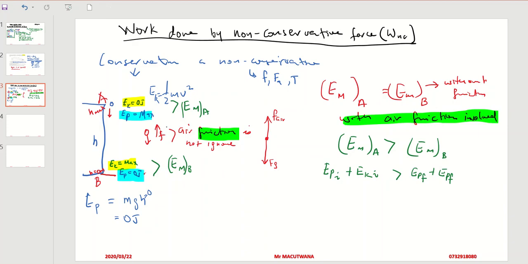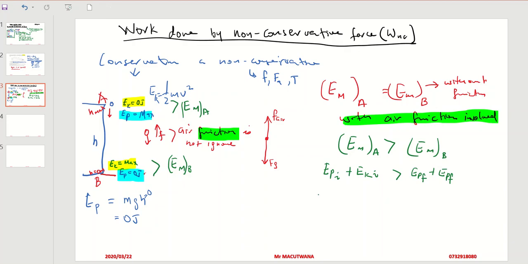So in other words, if the object is falling downwards, frictional force will be acting in the opposite direction at an angle of 180 degrees. So it means it is doing a negative work. It is taking out energy from the system.